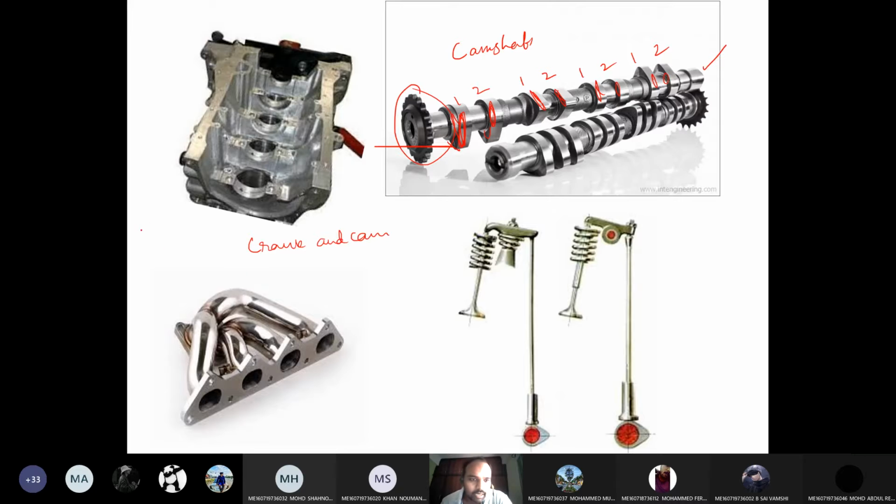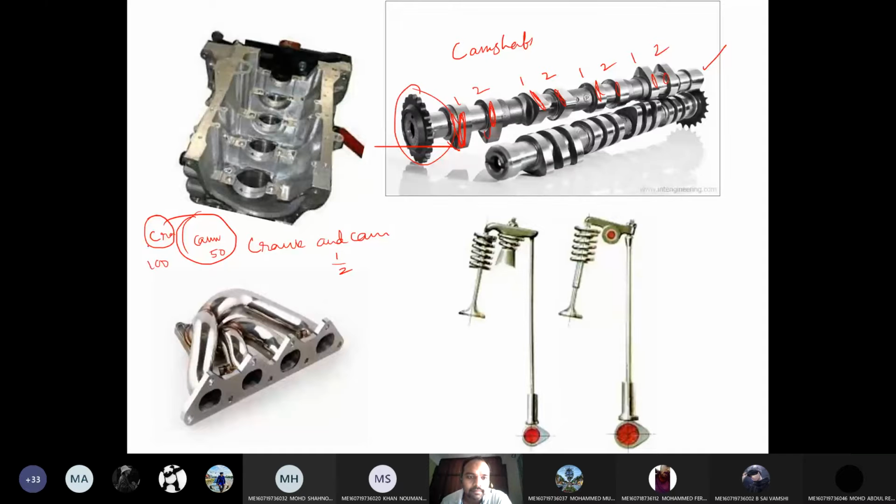Let us say this is the gear on the crankshaft, and this is the gear on the camshaft. Actually the speed ratio is 1/2. Means if the crank rotates at 100 rpm, the cam rotates at 50 rpm.